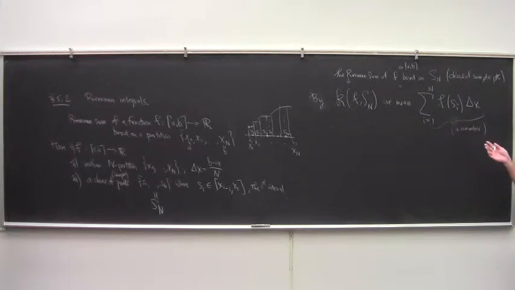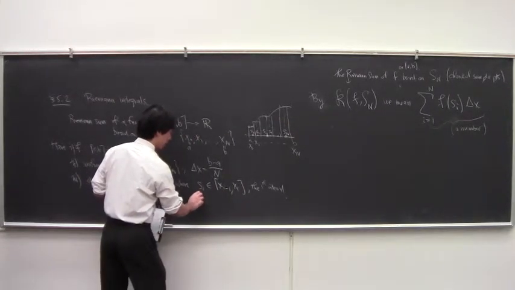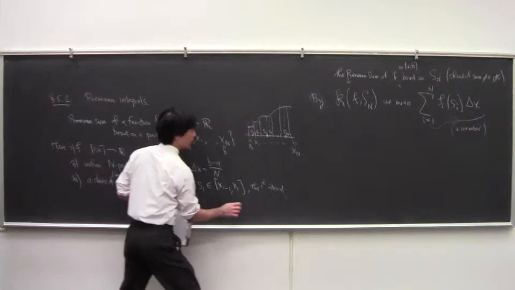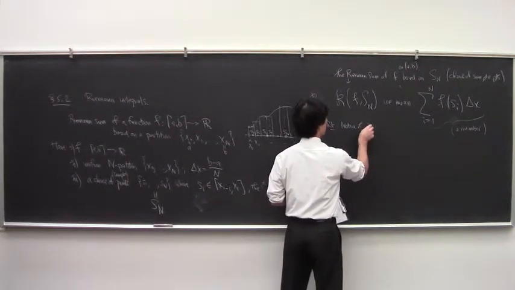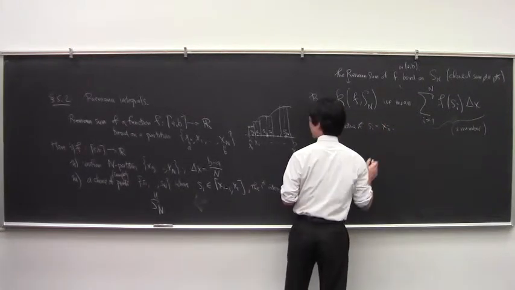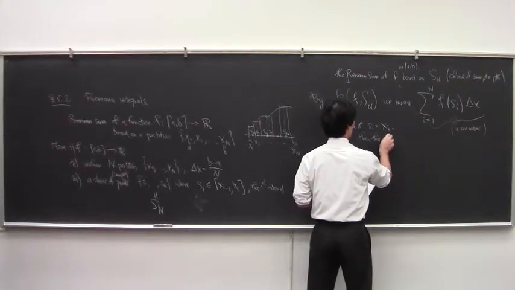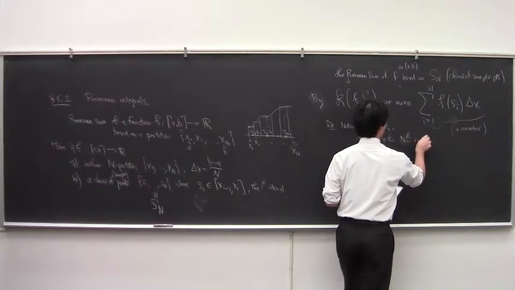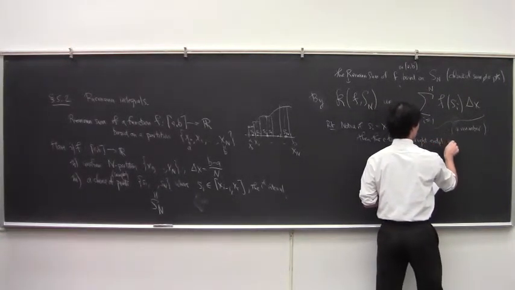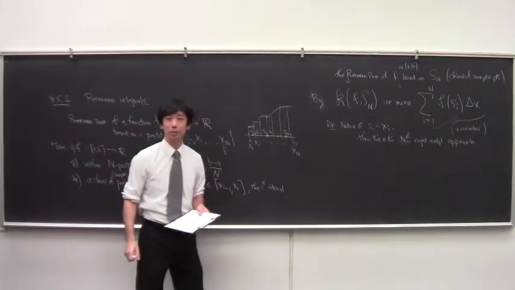It's basically the same thing, except that for the right endpoint approximation, we take each si to be xi. Then this is the nth right endpoint approximation.